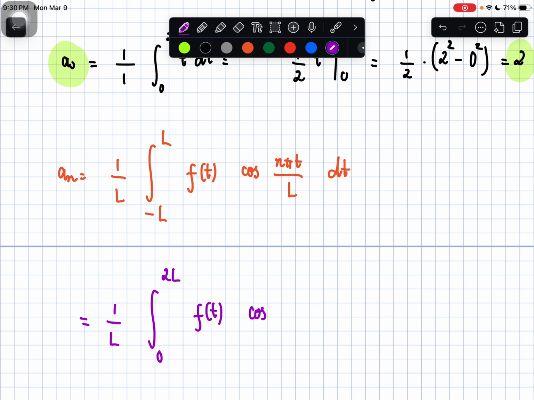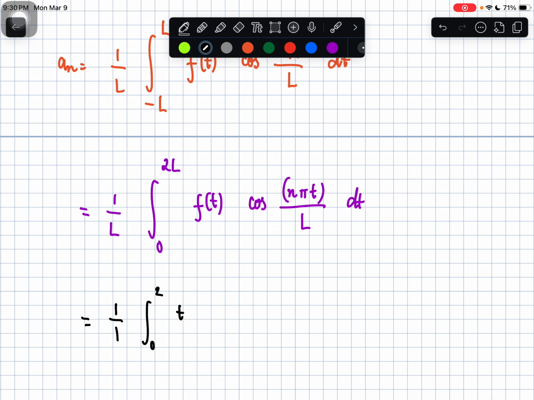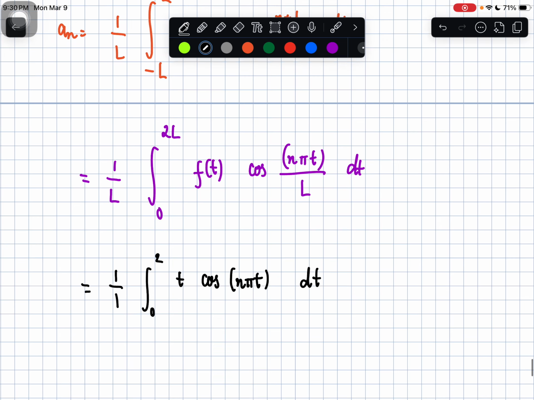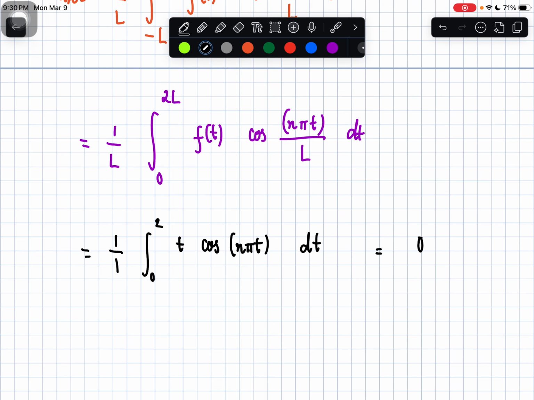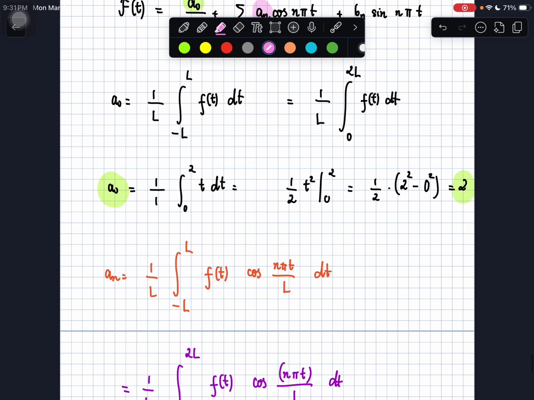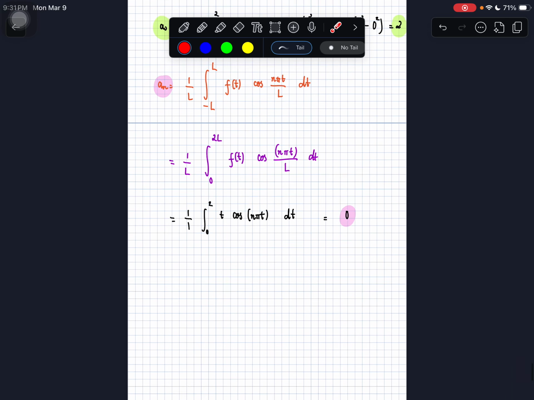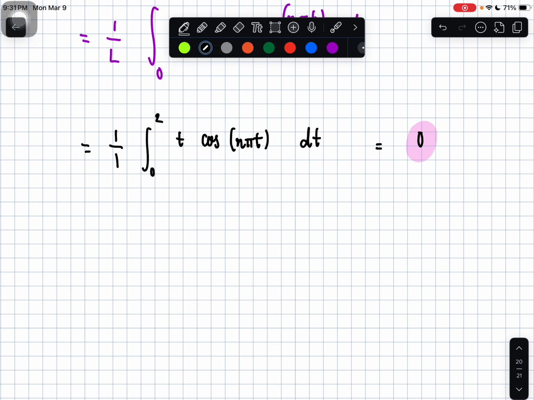In this case I use 1 over 1, the integral from 0 to 2 of f(t) equals t cosine(n pi t) dt. You do the computation, and you see this is 0. That is for an. an equals 0.